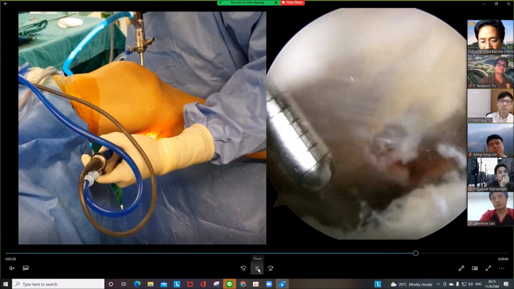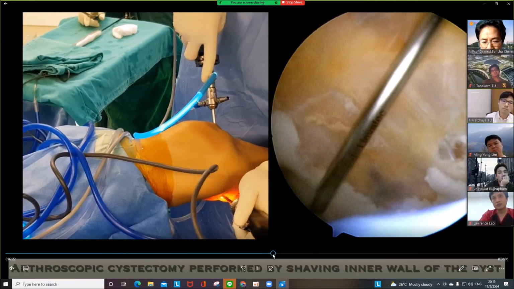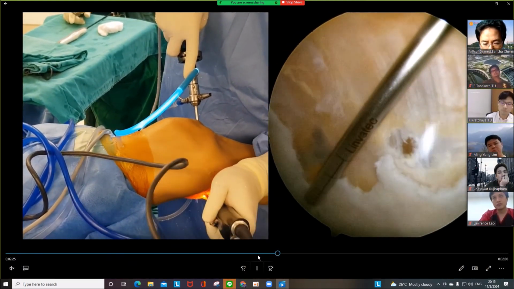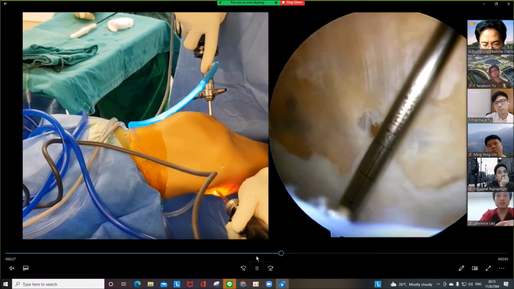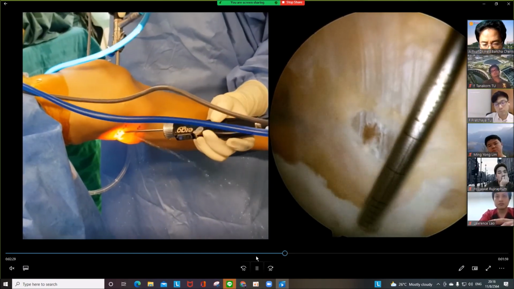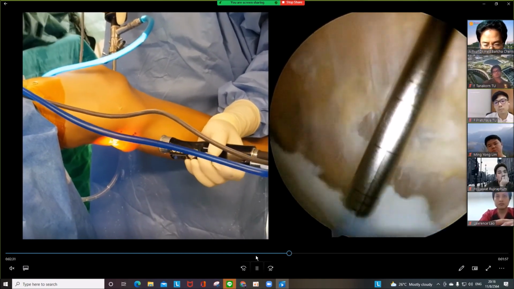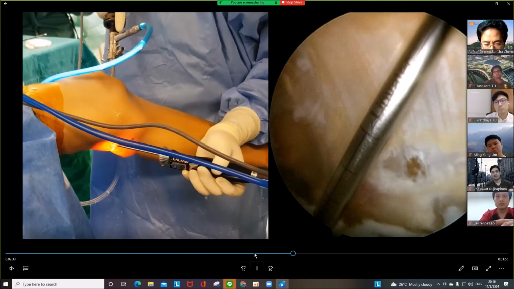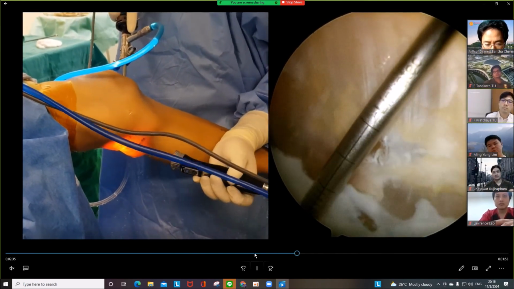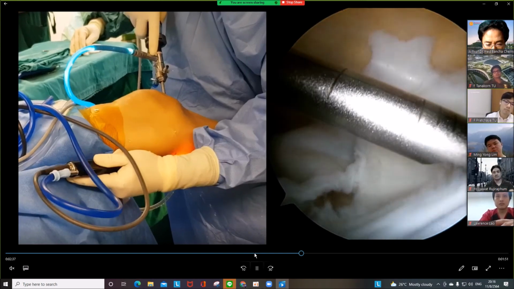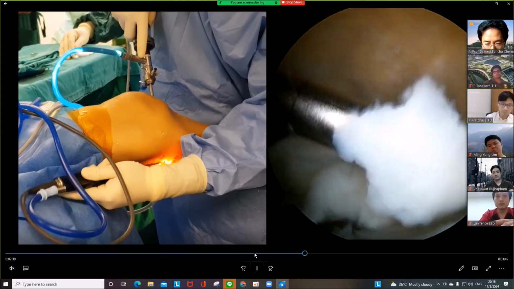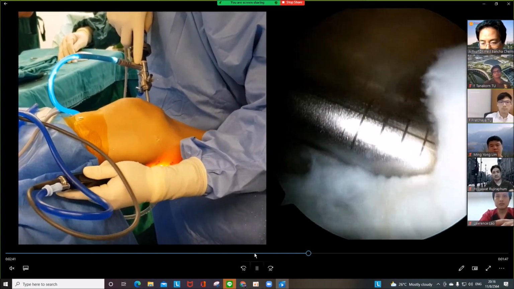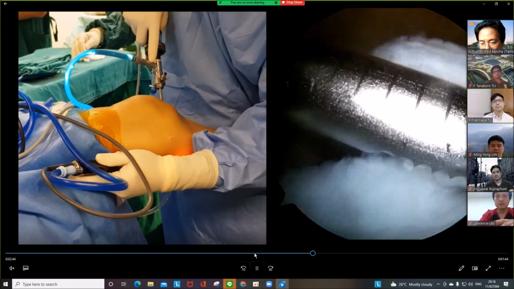See, I use the shaver, but the way I use it, I do it very carefully. You see, I don't move that much. I just suck it in. Slowly, like this. Just suck it in.